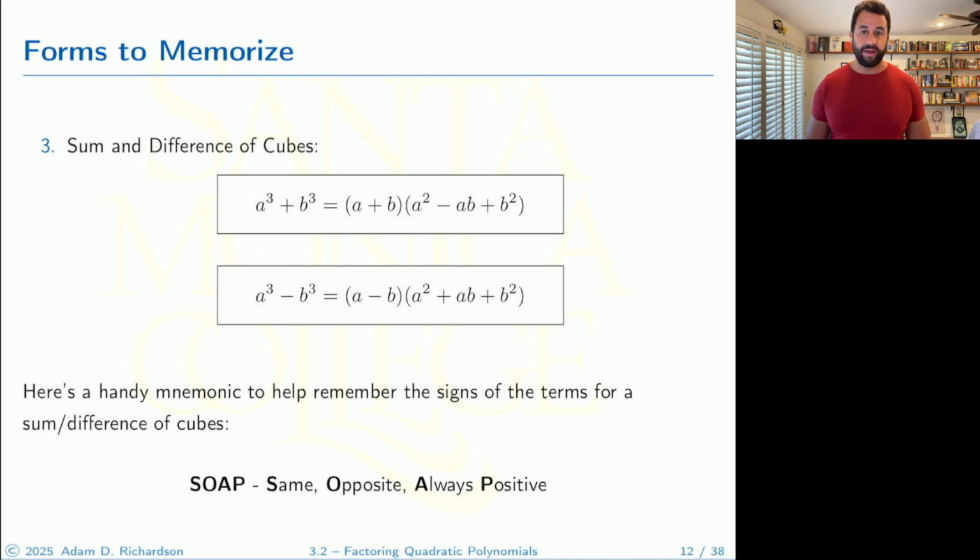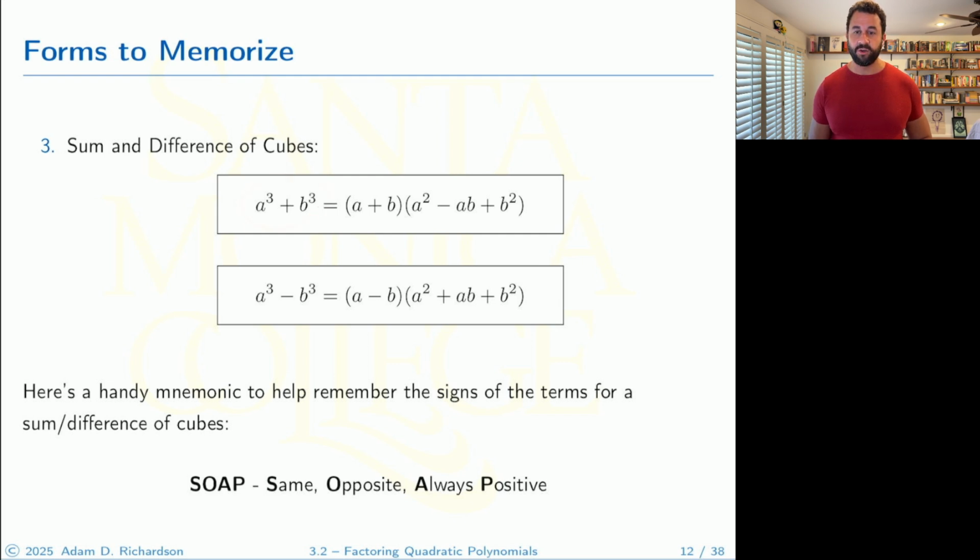That's why they're called that. And again, these structures are important because they have a beautiful factorization, and this factorization you have to memorize. So here is how the sum of cubes factors: a plus b times a squared minus ab plus b squared. That's it.